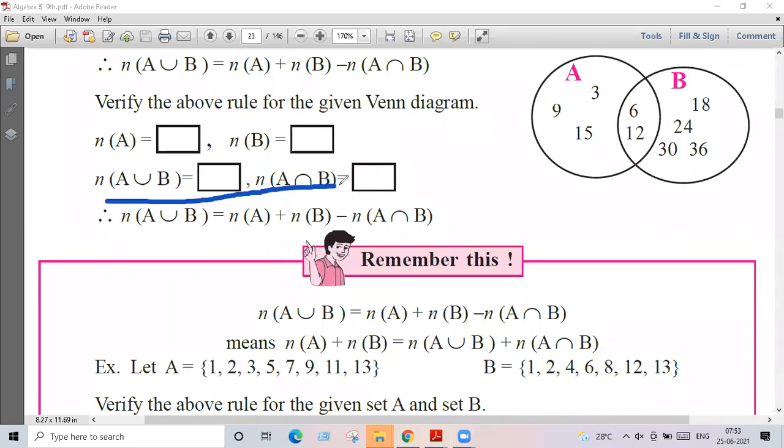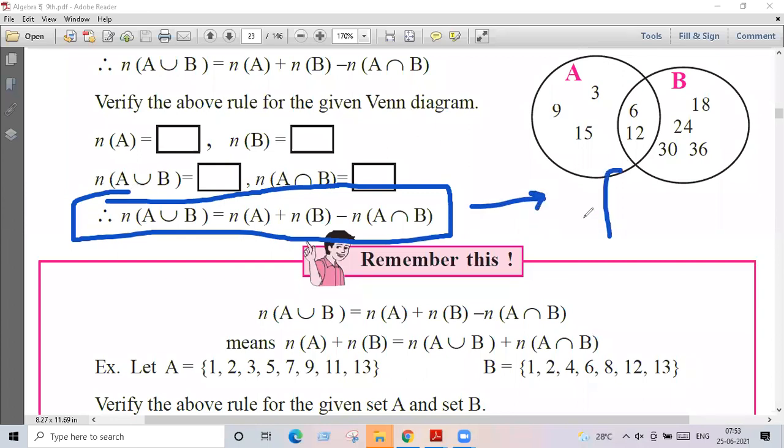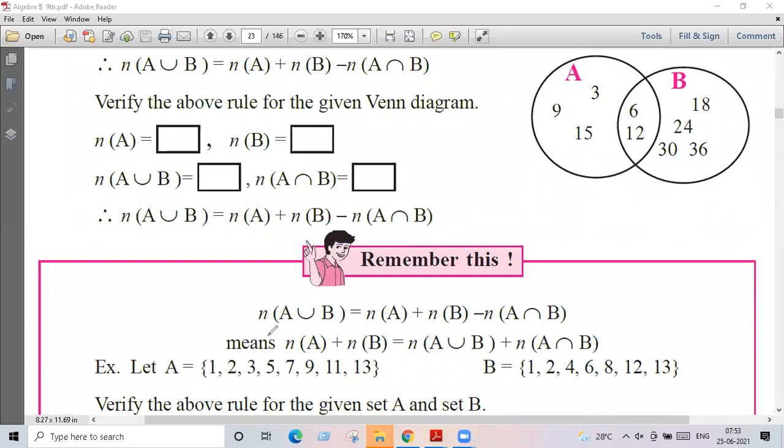This is the formula, mark it, tick it. n(A union B) is equal to n(A) plus n(B) minus n(A intersection B). Keep your textbook open so that it will be good for you and me also. So this is your formula: n(A union B) is equal to n(A) plus n(B) minus n(A intersection B).